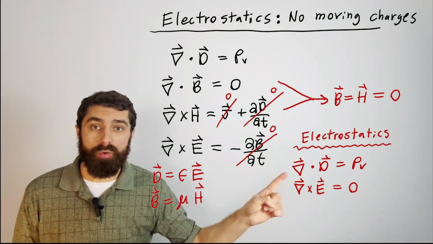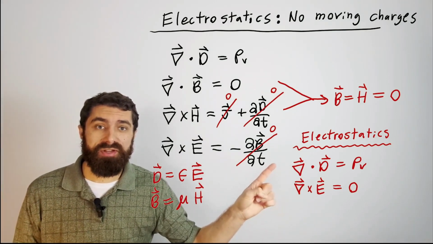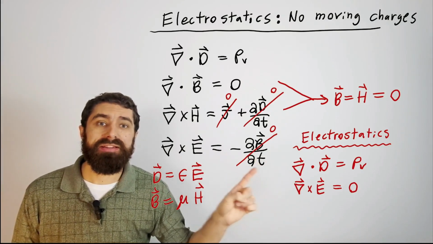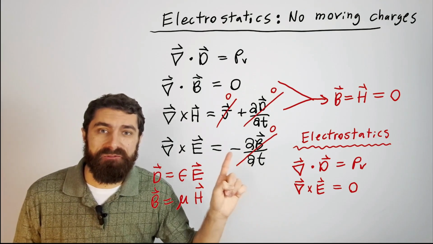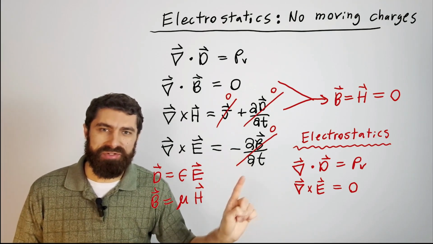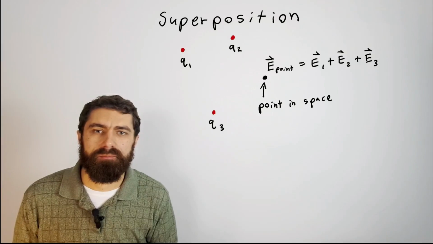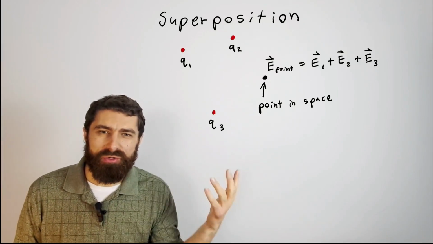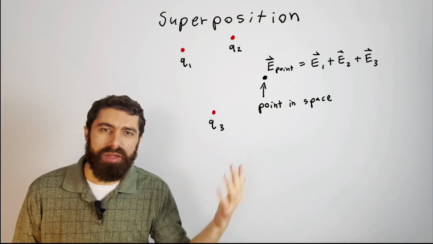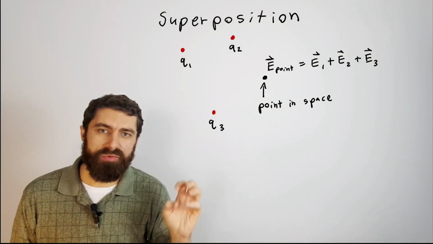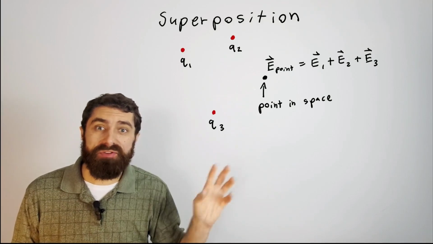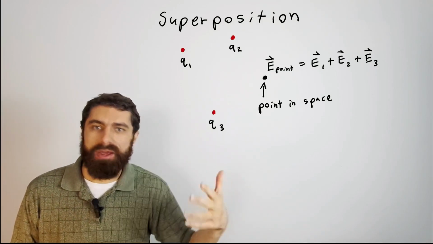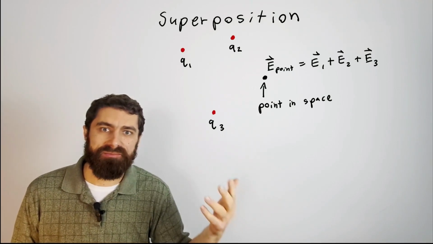This first equation of Maxwell's equations, the divergence of D is equal to rho v, is called Gauss's law, and it is the fundamental equation that governs electrostatics. Before we talk more about Gauss's law, I first want to backtrack a little bit and talk about some of the principles we've been using in previous videos to help us explain what Gauss's law is and what it's really saying.